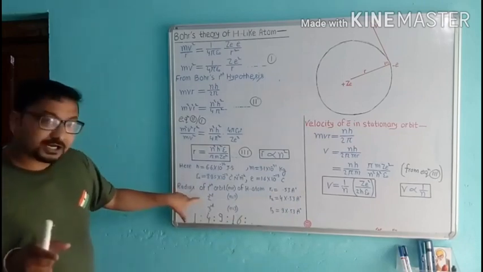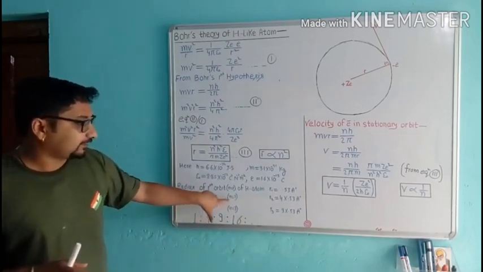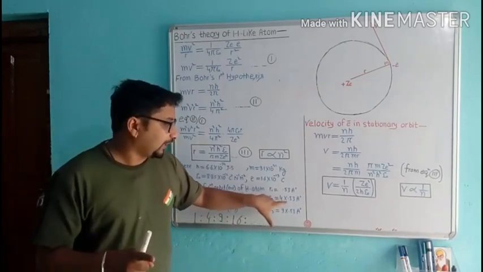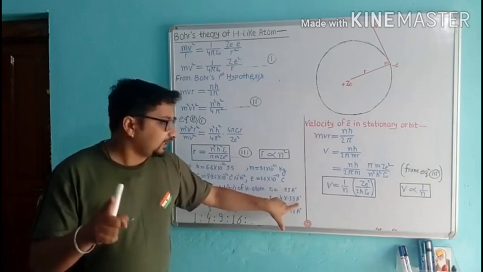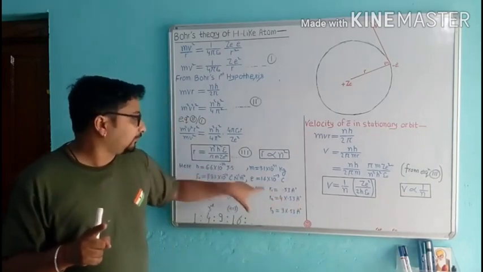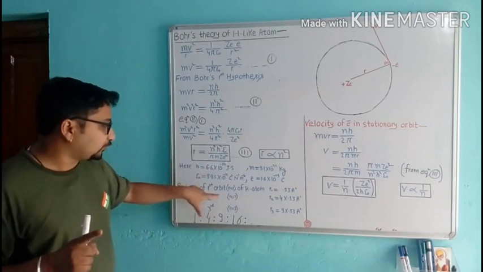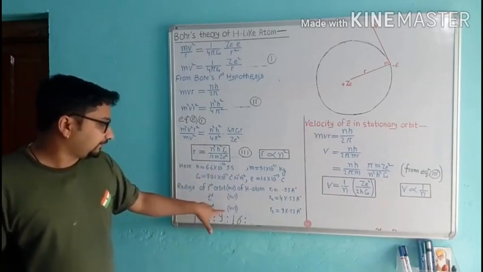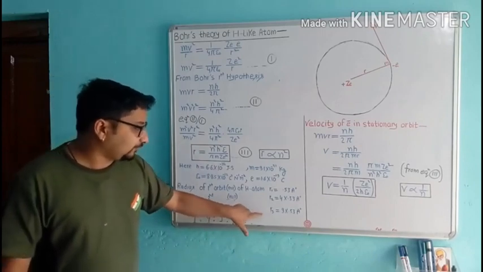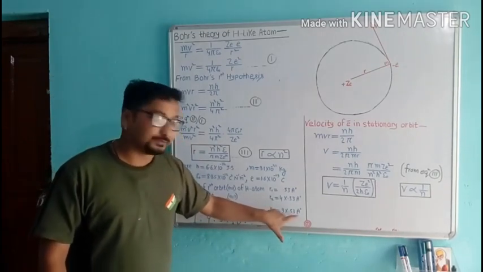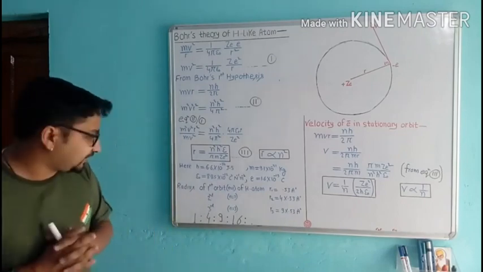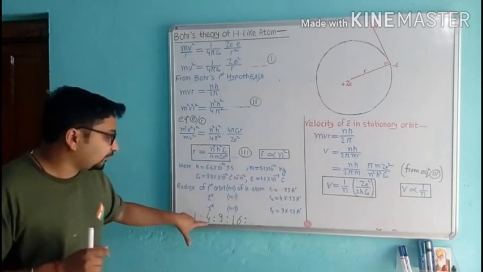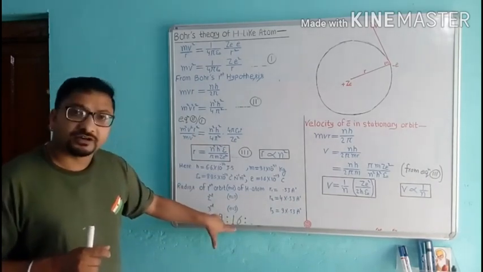Similarly, the radius of the second orbit, n is equal to 2, we get r2 is equal to 4 into 0.53 angstrom, 4 because of n square. Similarly, for the third orbit, n is equal to 3, r3 is equal to 9 into 0.53 angstrom. You can see the radius increases in the ratio 1, 4, 9, 16, and so on.